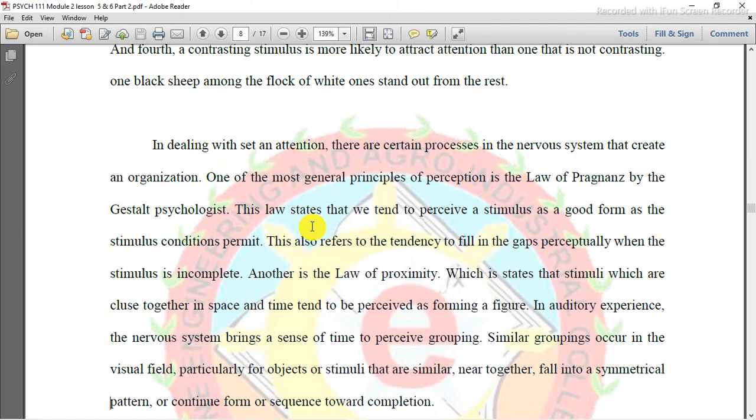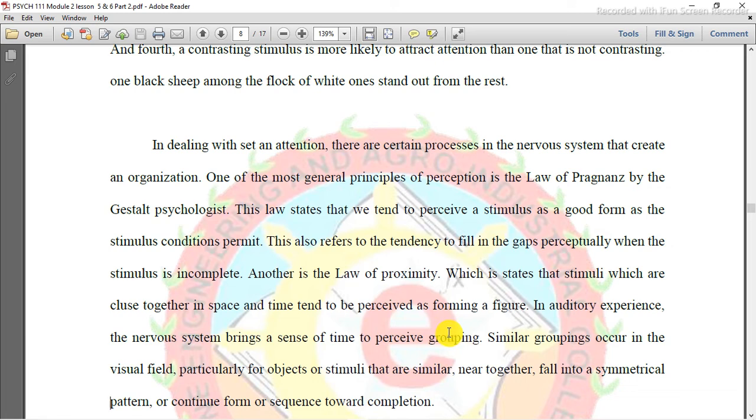There is this general principle there. And sabi dito, no? Kasi ito kasing Gestalt psychology, Gestalt word, it came from the German term meaning as a whole, no? Okay? Another is the law of proximity, which states that stimuli which are close together in space and time tend to be perceived as forming a figure. No? Di ba may mga times na yung mga stars, di ba?